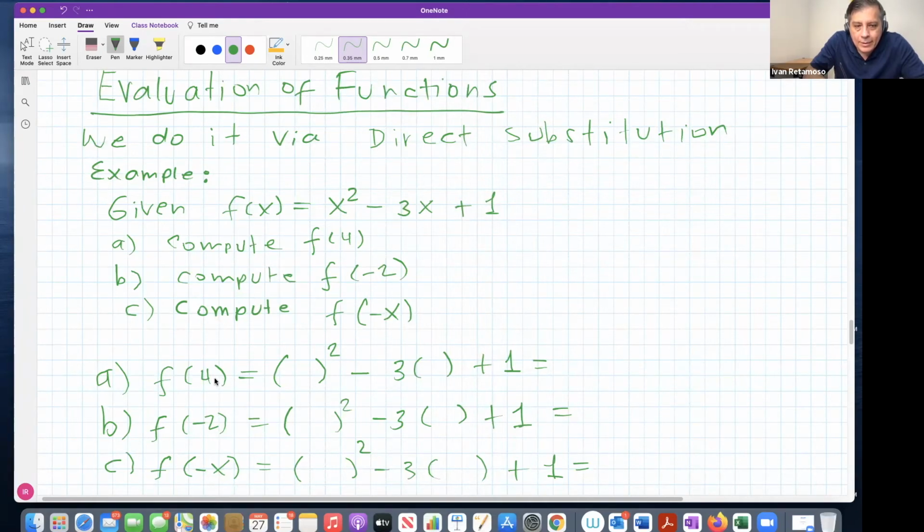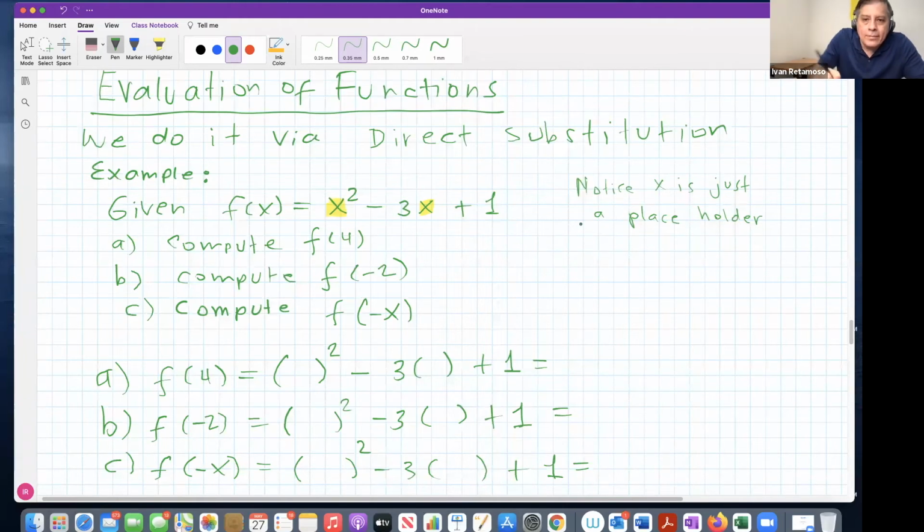Let's start with the easiest part, compute f of 4. What will be f of 4? Well, notice that this x is just a placeholder. I'm going to write here, it's a very important idea: x is just a placeholder for the input value.